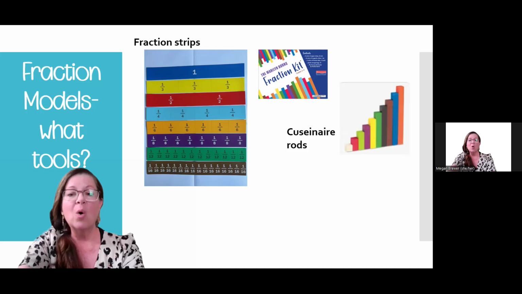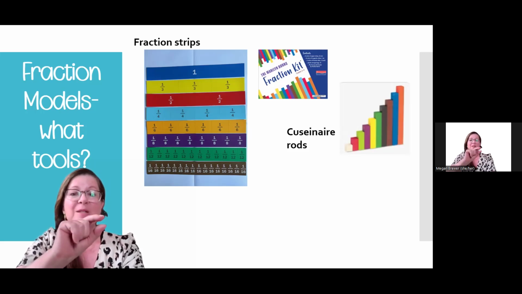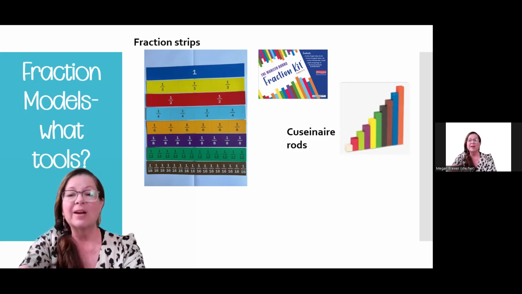For example, a whole could be that orange rod you see on the far right. 9/10 could be the blue rod, 8/10 could be the brown rod, and so on and so on. Or another way of thinking about it is go to the other side of the picture with the white small cube on the left. That could equal 1/10. The red rod could be 2/10. The light green rod, 3/10, and so on.